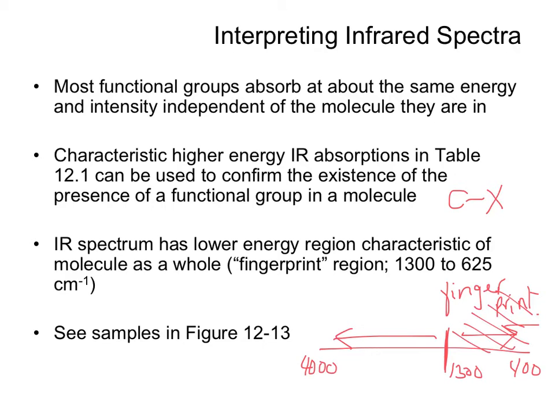So for instance, if you're running a reaction, let's say you're converting an alcohol into an alkyl halide, an alcohol will have certain kinds of peaks. The alkyl halide will have certain kinds of peaks, and this should not contain the peaks of the OH. And so those OH peaks must go away. On the other hand, the peaks pertaining to the R part, the alkyl part, should still be there. And so you would be able to say that your reaction has gone to fruition or not on the basis of what you see from the IR.